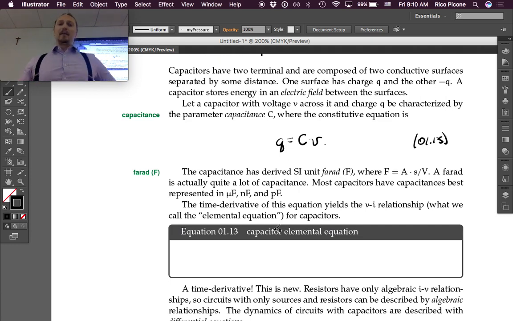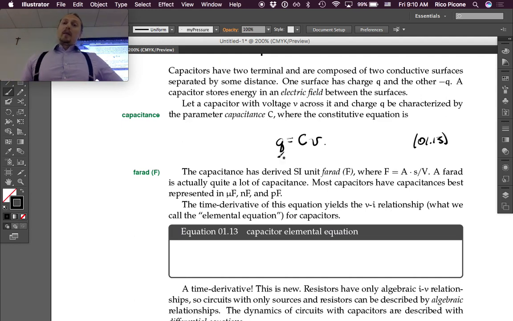So, the time derivative of the constitutive equation yields the voltage-current relationship. We're always looking for that voltage-current relationship for our circuit elements. For a resistor, it's whose law? Ohm's law. And it says that the voltage and the current are proportional with constant of proportionality, the resistance of the resistor, right?